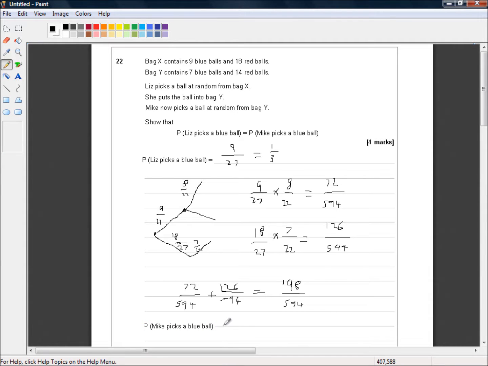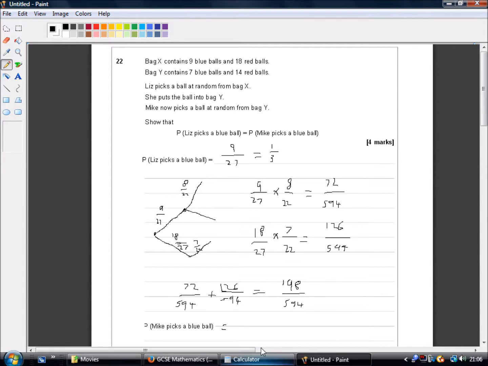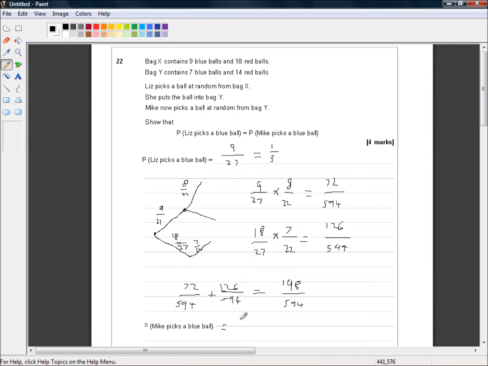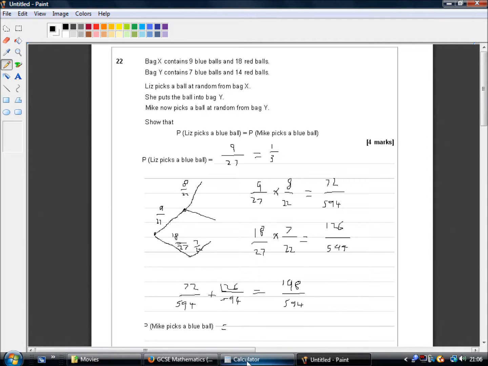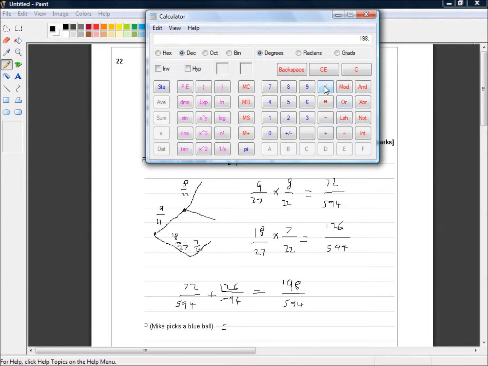Which is equal to 198 over 594. Divided by 594 gives 0.33333, which is 33 1/3%, which is 1/3. But just to prove that, if we take the reciprocal of that, it says 3, so that's 1 over 3.